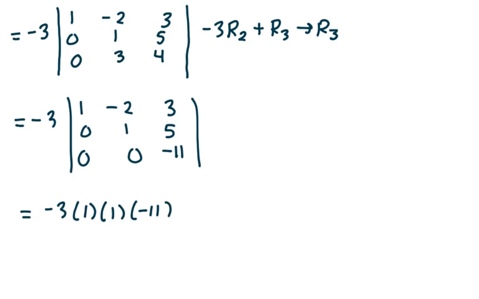It's the product of the entries along the main diagonal, because notice how the entries below the main diagonal are all zeros. And so we're looking at an upper triangular matrix, and taking the determinant of an upper triangular matrix is very straightforward. Correct answer here is 33.